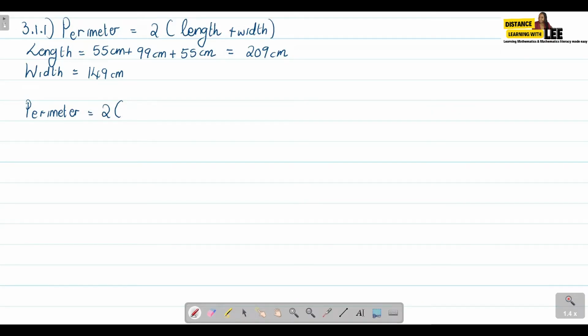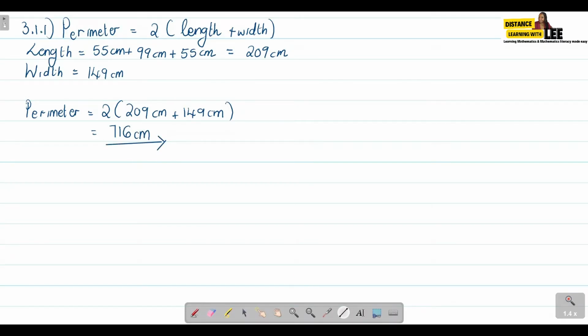Then the length is 209 centimeters plus our width, 149 centimeters, right? Then if you plug that into your calculator, you'll find that the perimeter of our rectangular window frame is 716 centimeters.